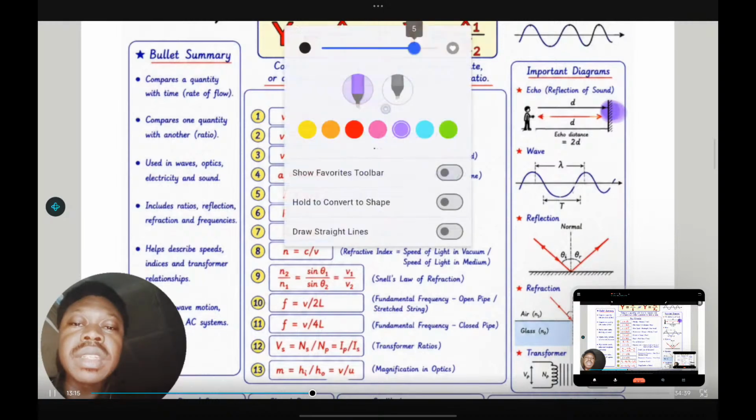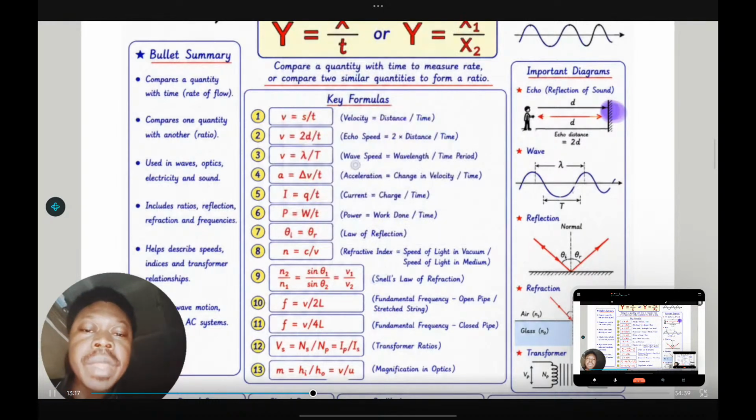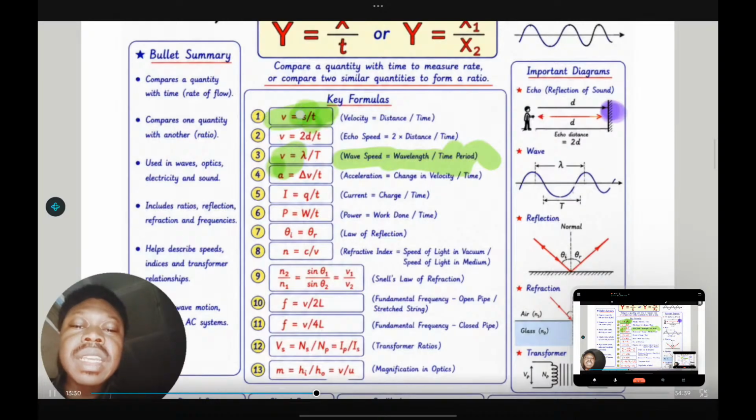I hope this is fantastic to you today. Now, for wave speed, velocity equals wavelength divided by time period. It is still the same structure. Distance is in meters, wavelength is in meters, period is in seconds. So we are still dealing with the same formula, but rebranded to give you wave speed.